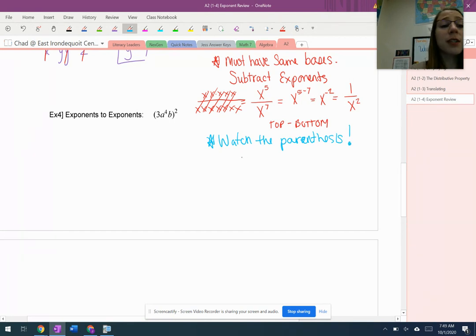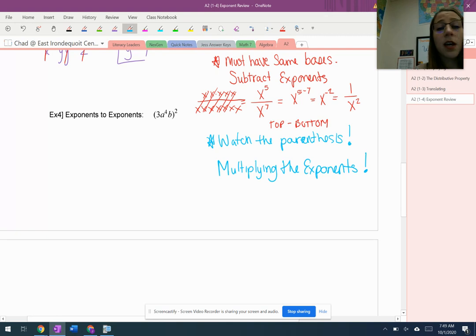And when you're doing exponents to exponents, you are multiplying the exponents here. You're multiplying those pieces.